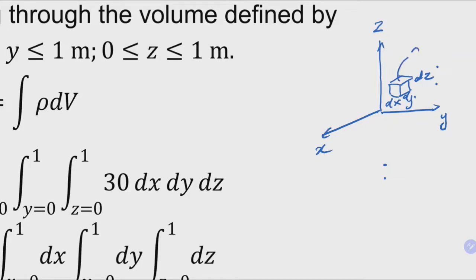And this will be our dV. Okay, in our Cartesian coordinates, my dV will be equal to, let me write it down here, my dV will be equal to dx dy dz.